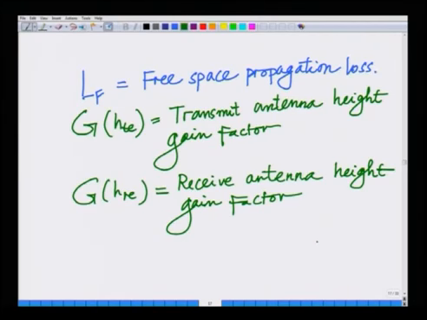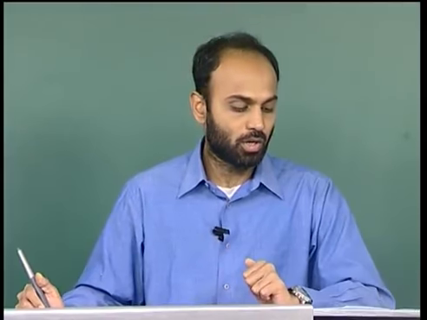And normally you can see, if the transmit antenna and receive antenna are mounted high, then there is less obstruction, which means less interference, which means more energy is received at the receiver. So, as the height increases, these gains increase, which means these subtract from the path loss, therefore the effective net path loss decreases. Essentially, that is what this means.